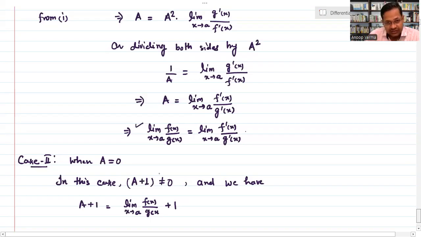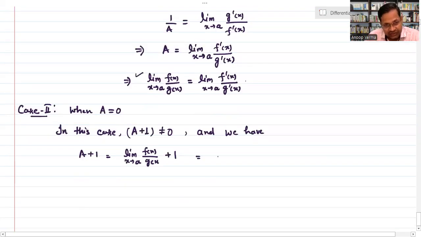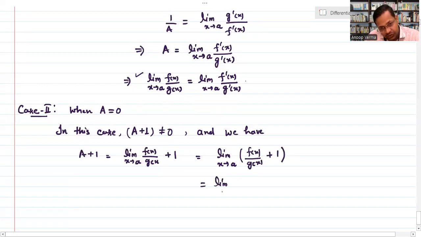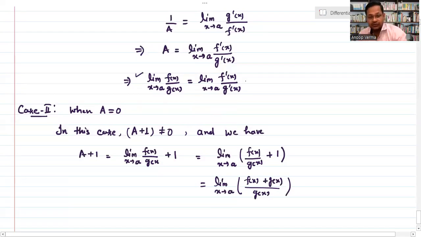And in the 1, you can easily write it like this, because here there is no x, it's a constant value. Now you can apply the limit x tending to a on taking the LCM, so you will have fx plus gx divided by gx. And you know that this expression has a non-zero value.